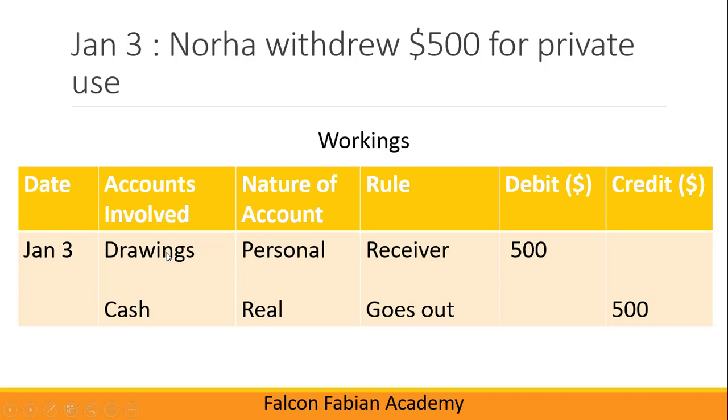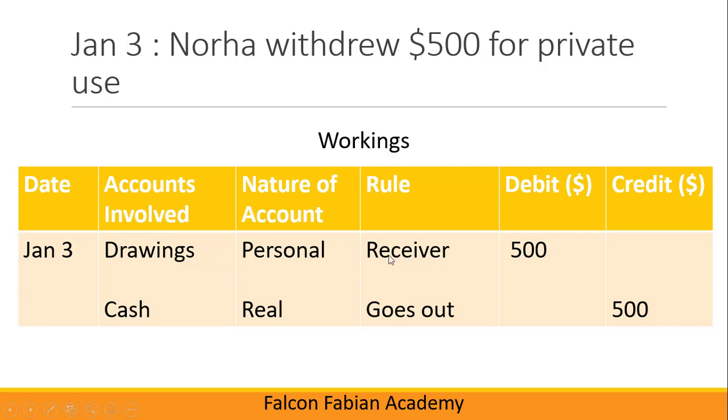Drawings is the account of the owner. So when the owner invests, it is referred as capital. When the owner withdraws, it is referred as drawings. And capital is personal account. Therefore, drawings would also be personal account because it is the account of the owner. And the rule is debit the receiver and credit the giver.